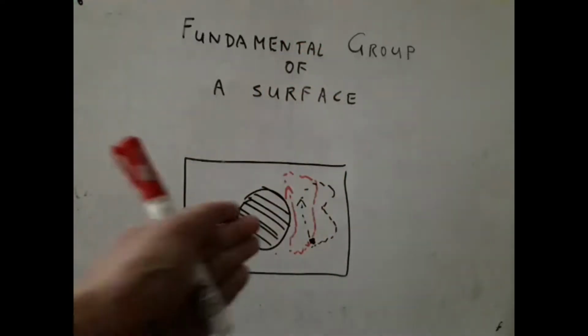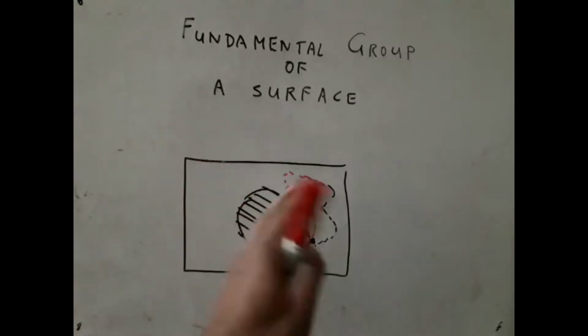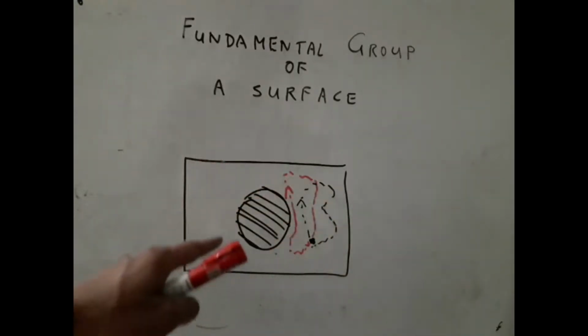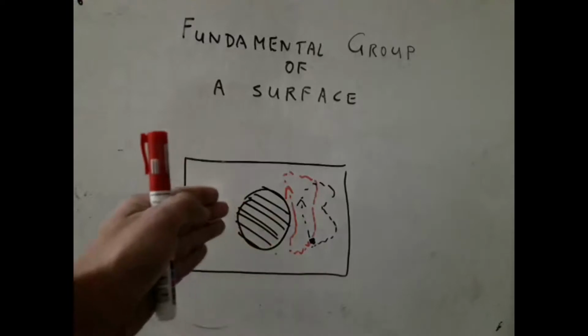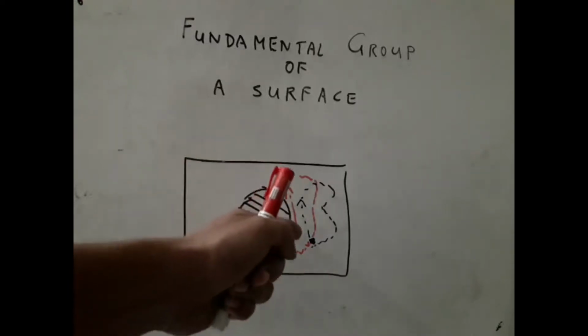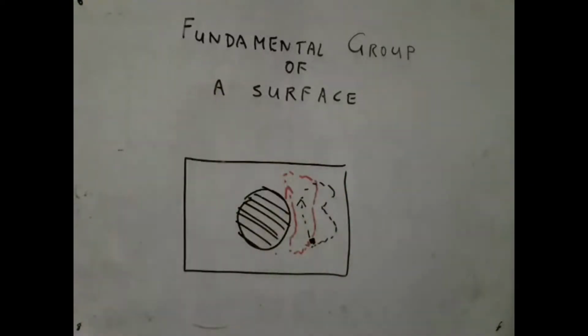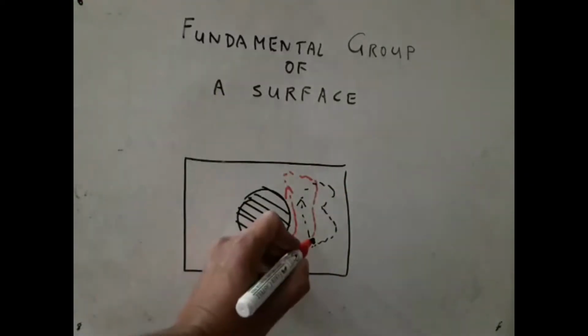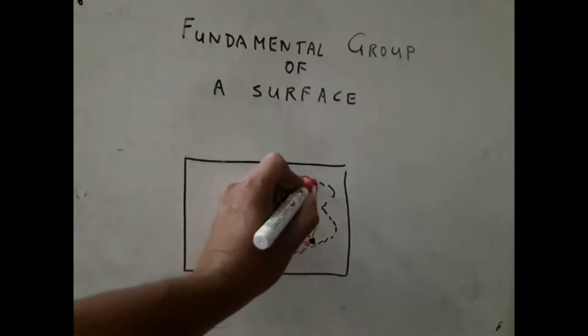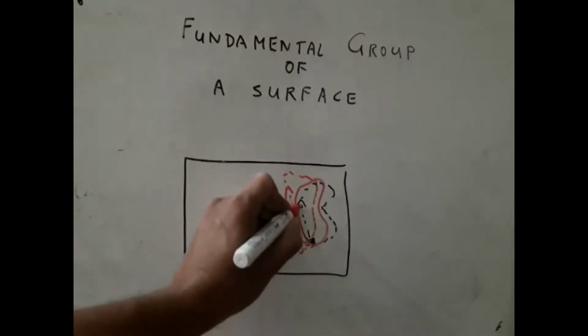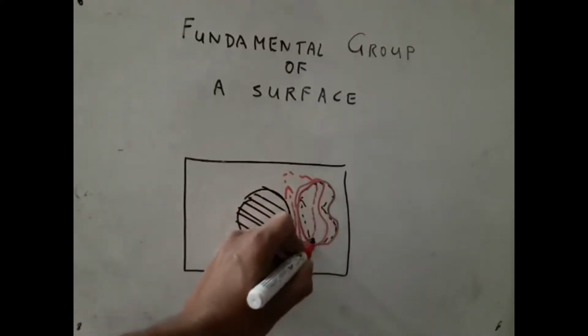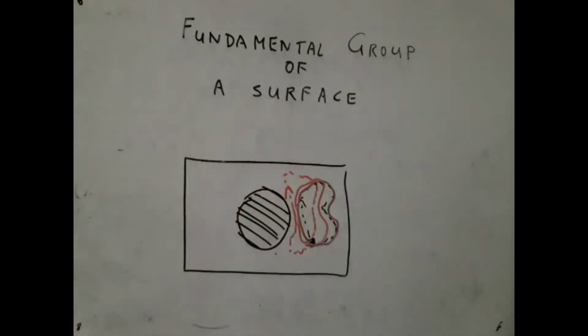So I can move it continuously over the card without ever having to go out of the card, like going through the hole or anything, and I can come here. So I can slowly move this thing here. So instead of doing it, I can move it like this. I can move it like this until I come here. So I can deform one curve continuously into the other.